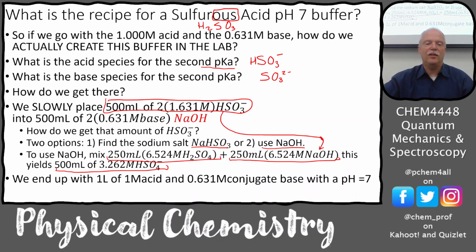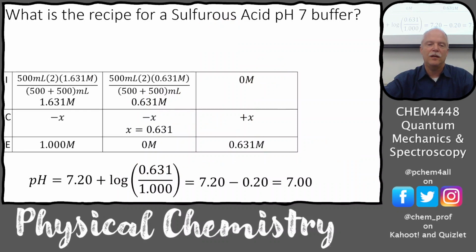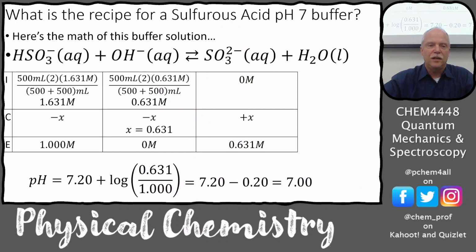And then we end up with 1 liter of 1 molar acid and 0.631 molar conjugate base with a pH of 7. So let's look at the math of just the buffer piece. Okay. So if we have 500 mils of 2 times 1.631 molar solution of the HSO3 minus, and we mix that with the 500 mils of base, we've diluted it by half, and we end up with 1.631 molar HSO3.